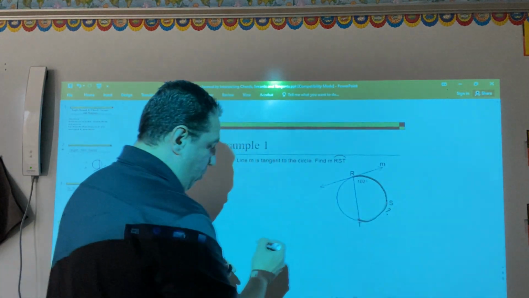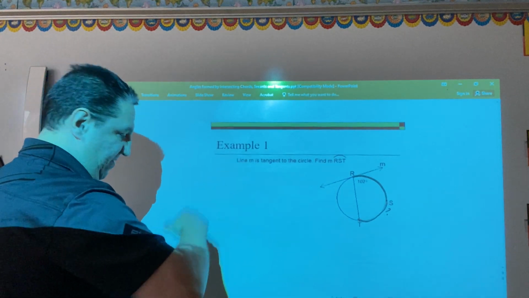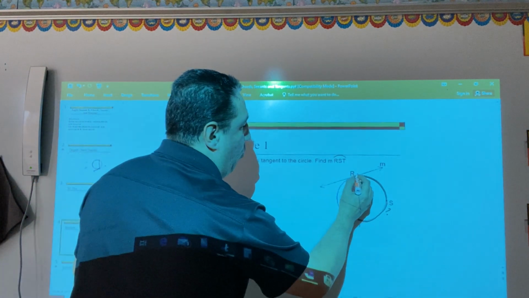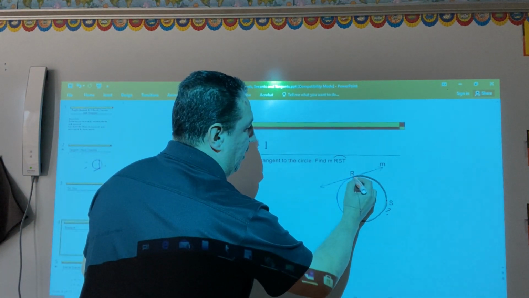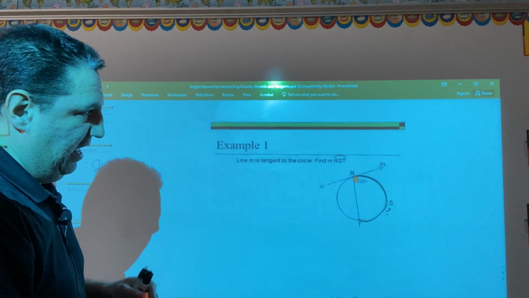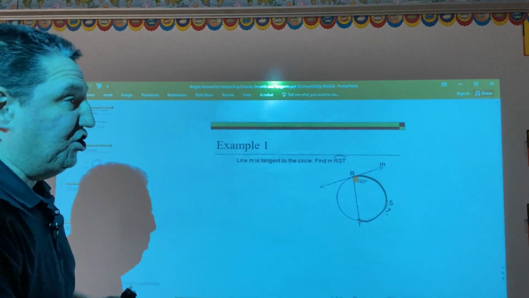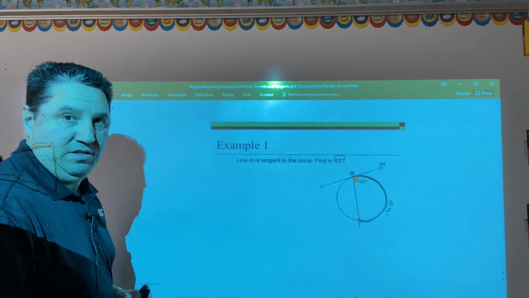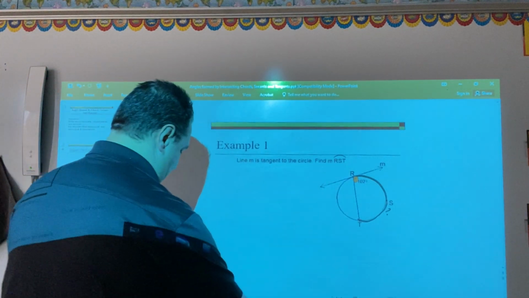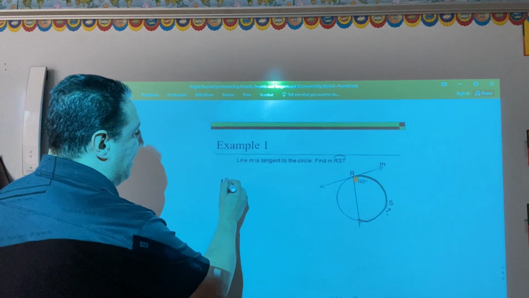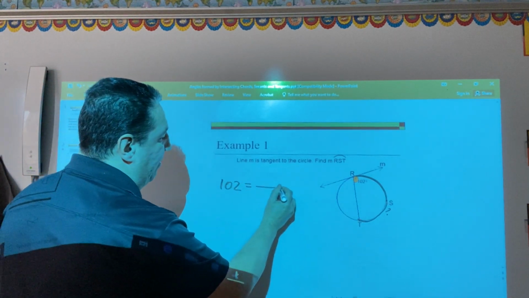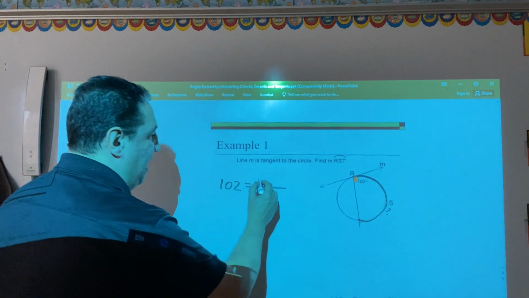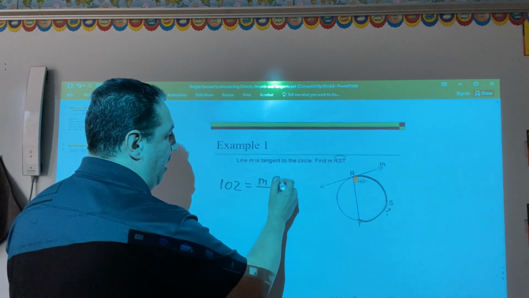Now, we know the measure of angle R is 102 degrees. The inscribed angle, which is 102, is half, division by 2, of the intercepted arc. Let's say the measure of arc RST.